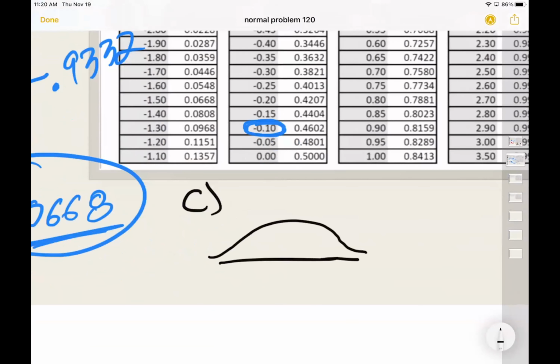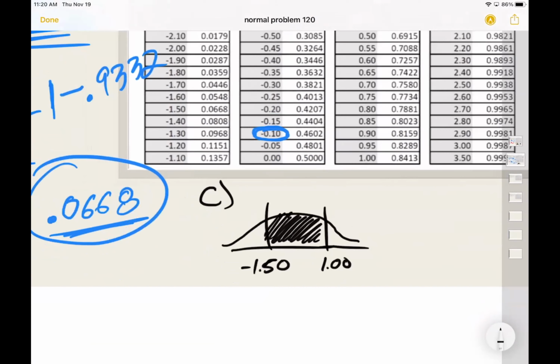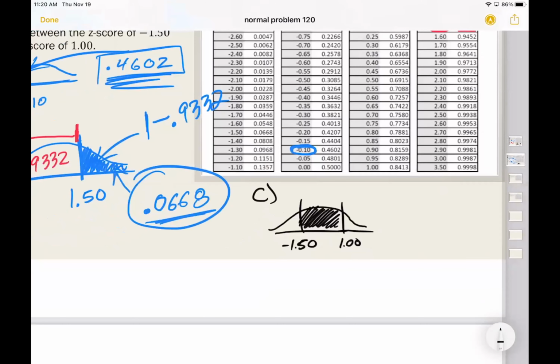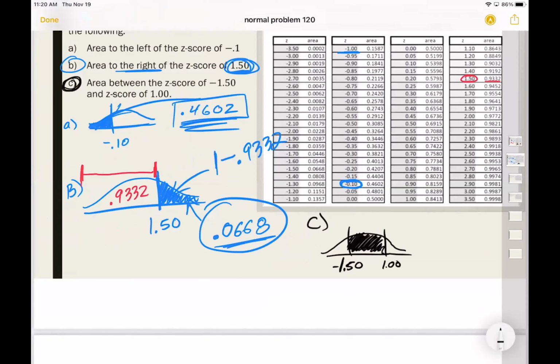It doesn't have to be precise, it just gives us an estimate of -1.50 and 1.00, right? So everybody see that this is what they asked me: to find the area in between -1.5 and 1.00.